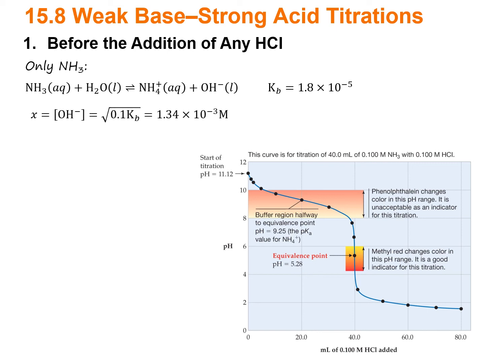We'd end up with x equals the hydroxide concentration, which is equal to the square root of the initial concentration times Kb. That's going to give us a hydroxide concentration of 1.34 times 10 to the minus 3 molar. If we calculate the hydronium ion concentration from that, we end up with 7.45 times 10 to the minus 12 molar. And if we look at the pH, we end up with 11.13.